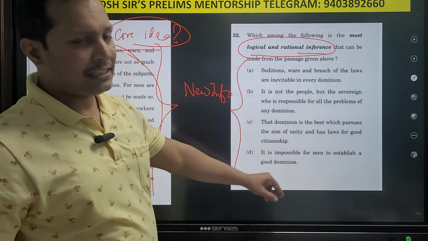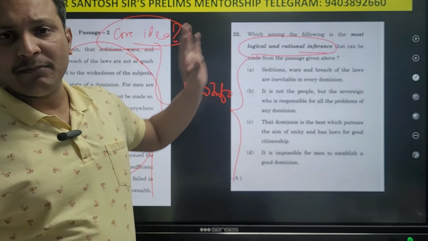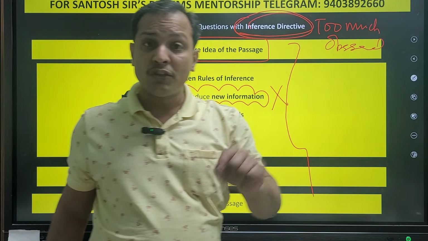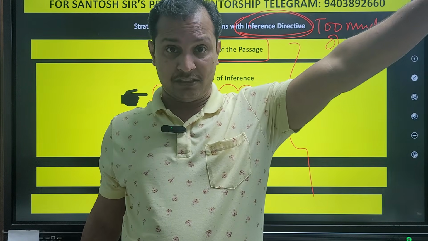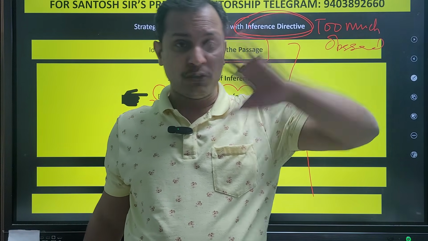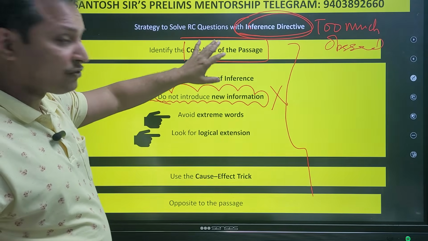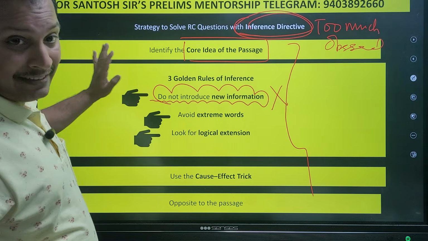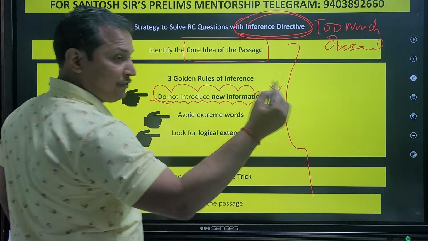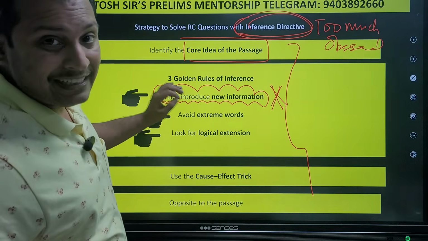Anything not mentioned in the passage will automatically be incorrect. You should not use extra information from your general studies reading or newspaper reading. You have to always solve the passage using the passage information only. So eliminate options that add new information not given in the passage.